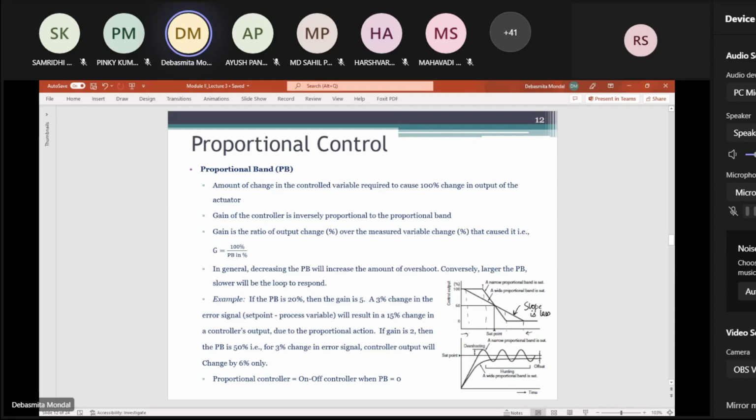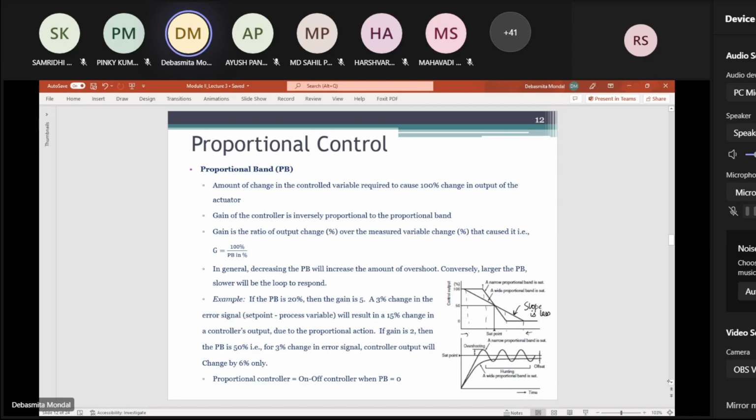It goes beyond the set point and keeps on oscillating, and if there is damping, the oscillations will reduce and it will reach the set point. But if you have a very wide proportional band, the system will be very slow to respond. It will slowly keep on increasing, and finally reach the set point.